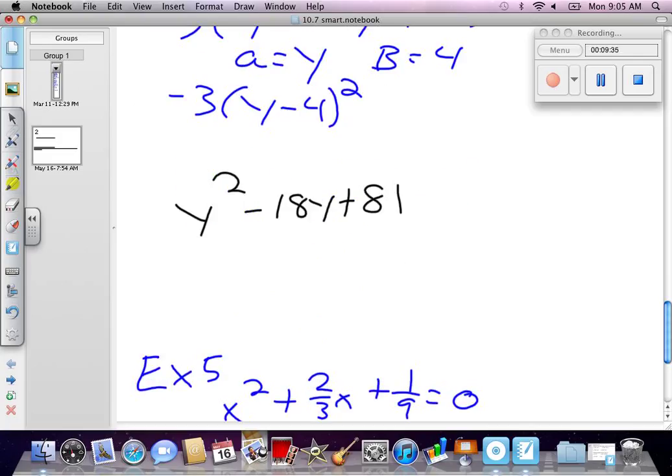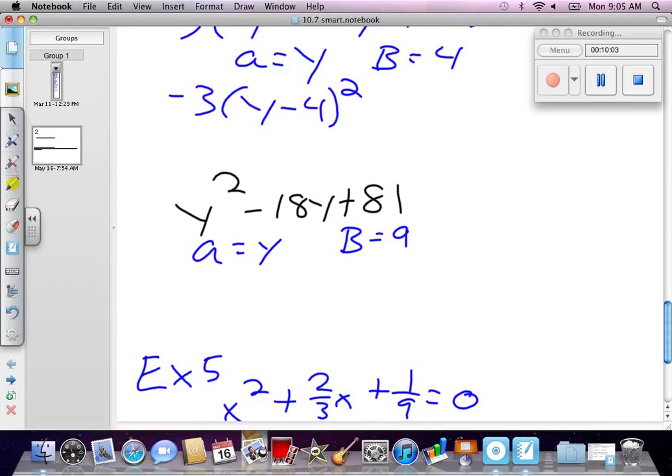Ian, what is the square root of y squared? Y. Okay, what's the square root of 81? 9. Okay. Haley, what would I write now? Which one does it look like on the front?